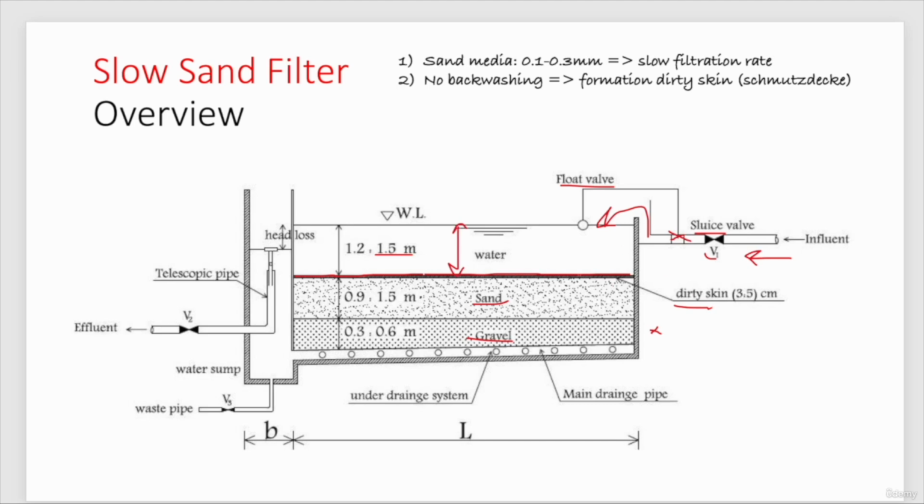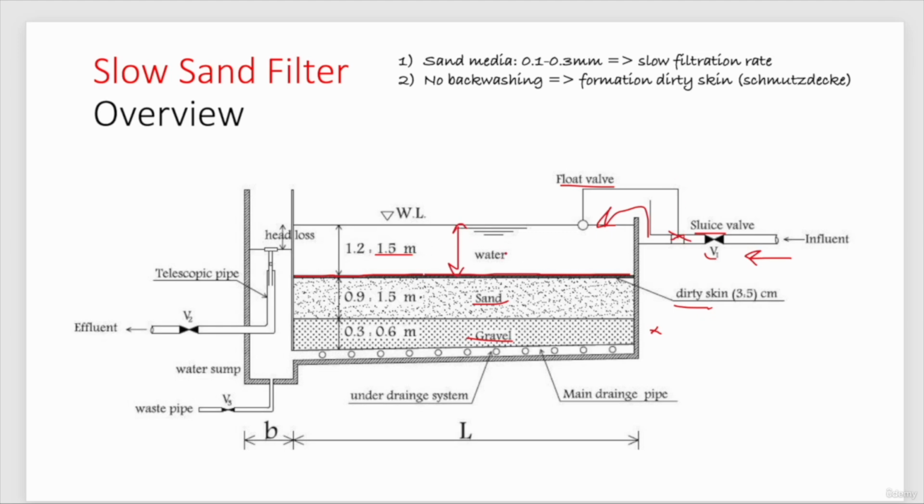This is where we have the biological activity thanks to this dirty skin layer. This layer is actually formed of a good type of bacteria. We will see later on the components of this dirty skin, and these components are actually hungry and starved and they need food, and they are going to eat the organic matters that are in this water.